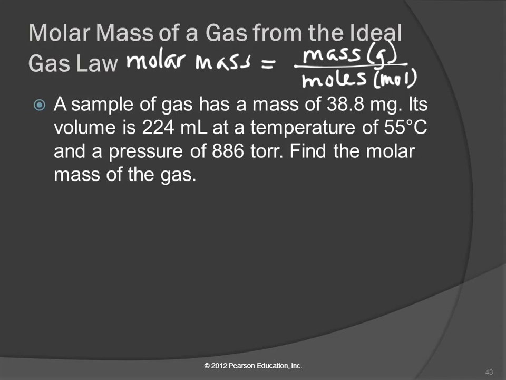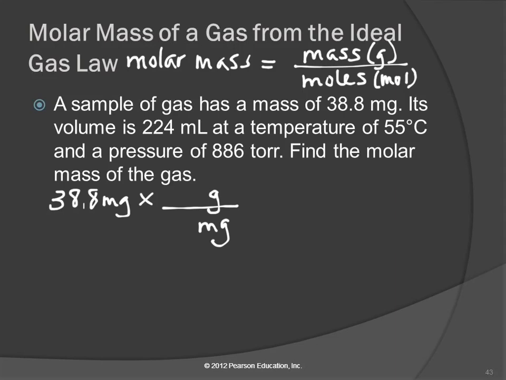They give us the mass, but not in grams, right? It's in milligrams. Well, could we fix that? Sure we can. 38.8 milligrams. So we're going to multiply by grams, divide by milligrams. Chapter 2 stuff. If it's still not clear, it's not too late.